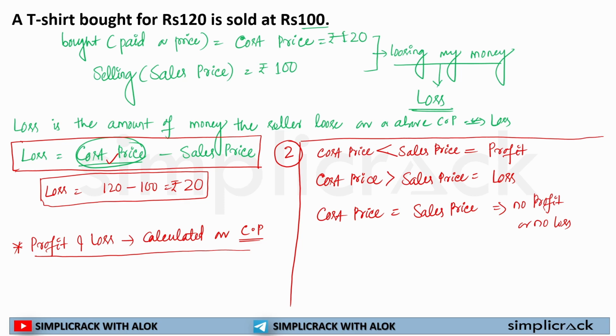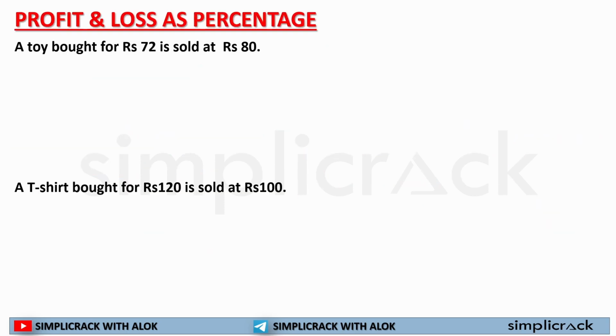Okay, let's move on. Now, profit and loss as percentage. In the last class, when I was telling you 8 is what percentage of 10, what we used to do was 8 divided by 10 multiplied by 100 percent, which equals 80%.